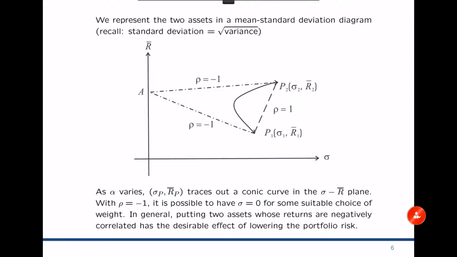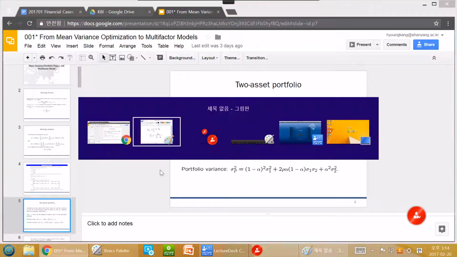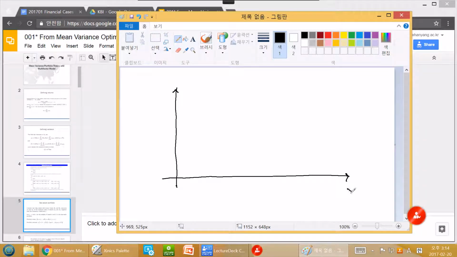Okay, so let's go to this one again, and again let's assume the two asset case, and then let's think about the y-axis and then the x-axis. It is usually customary that x is sigma of the portfolio, the portfolio standard deviation, right? Not variance, portfolio standard deviation.